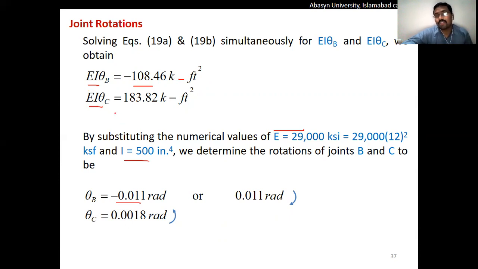Similarly for theta C, we get 0.0018 radians. The negative sign indicates that the rotation is clockwise instead of the anti-clockwise direction that was initially assumed. For theta C, it is positive, so the rotation assumption is correct, that is, it is anti-clockwise.